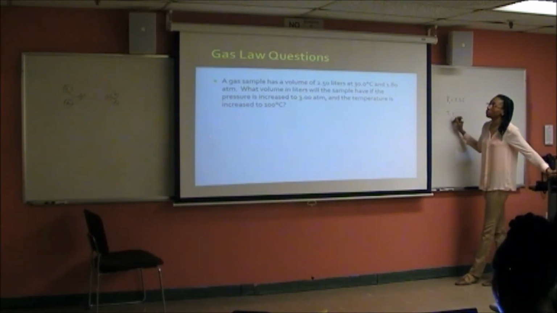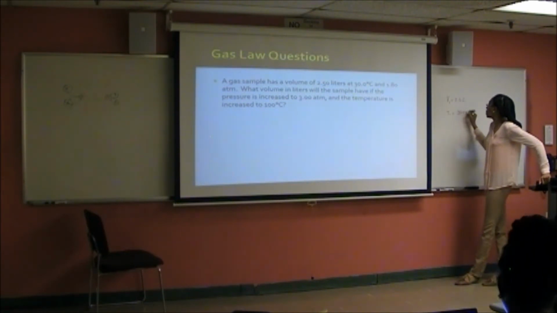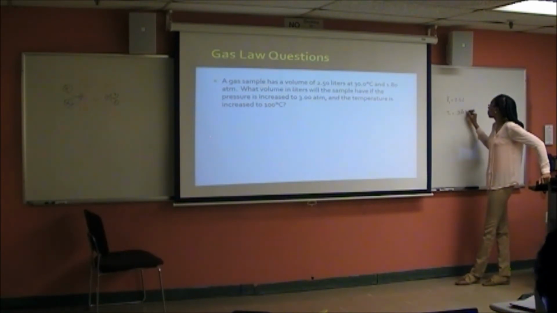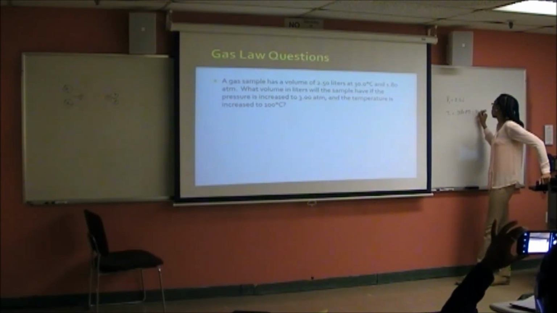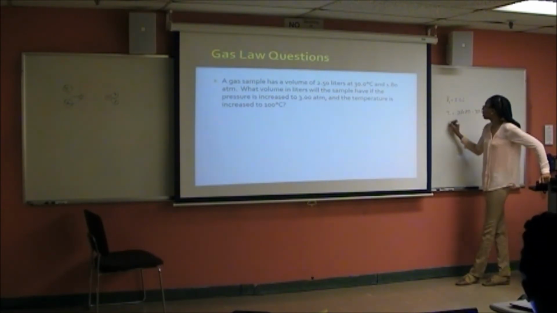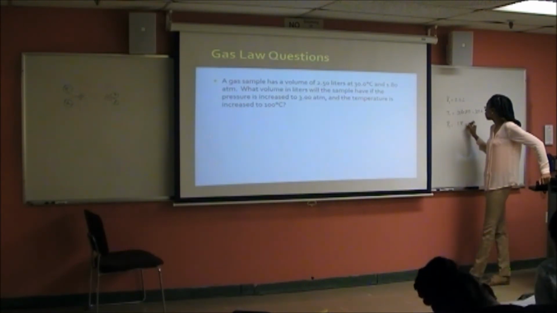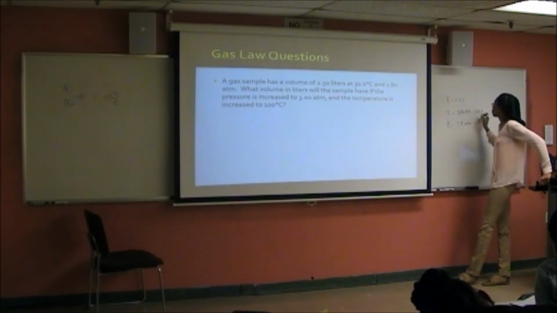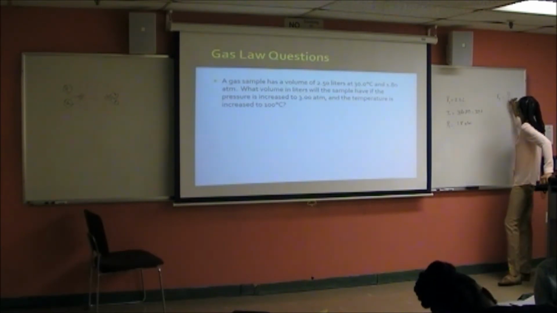What is our T1? 30 plus 273, 303 Kelvin. P1 is 1.8 atm. V2, you have to figure that out.